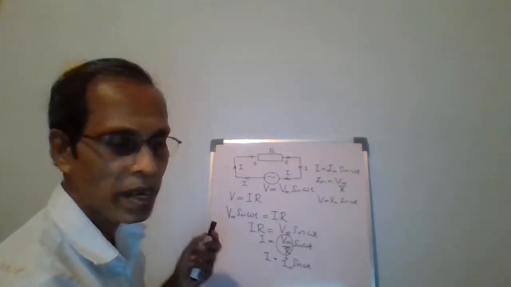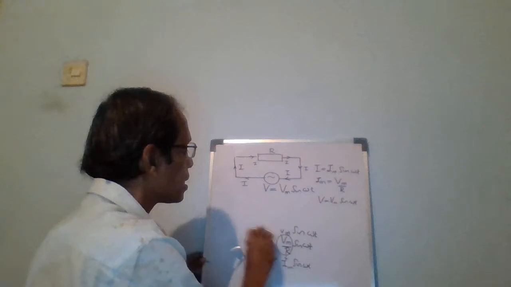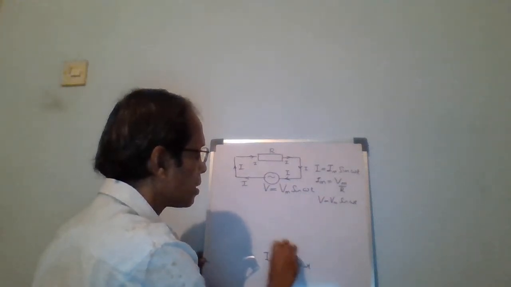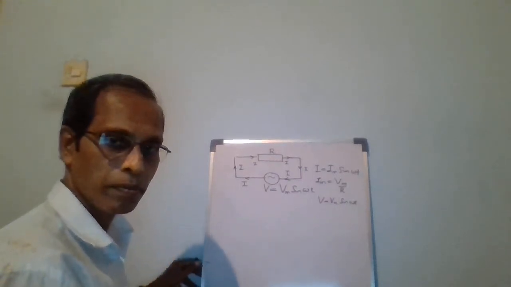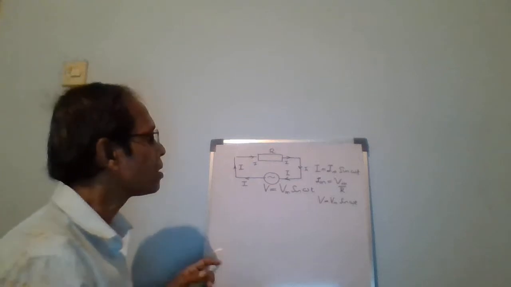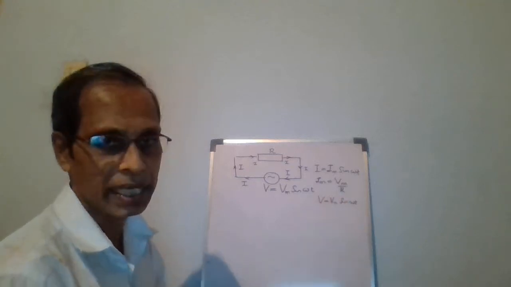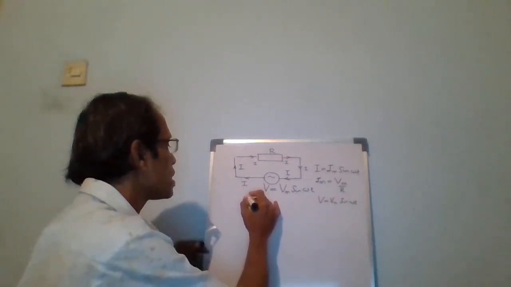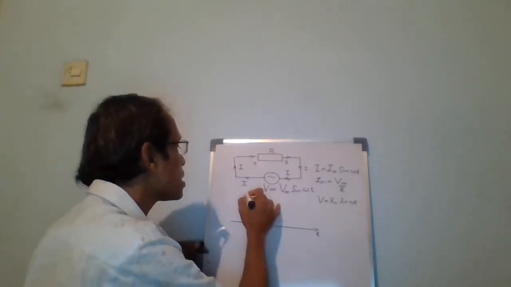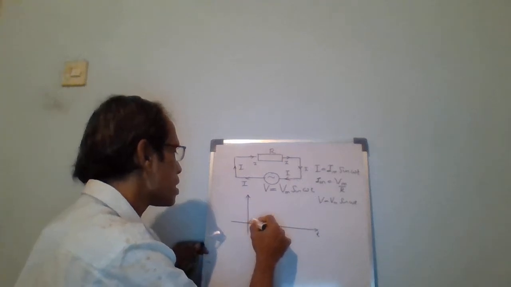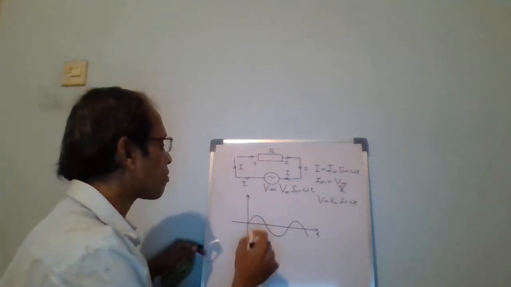Now let's see what the functions are. Here we can plot the graph of V versus t. This is the graph of V versus t.